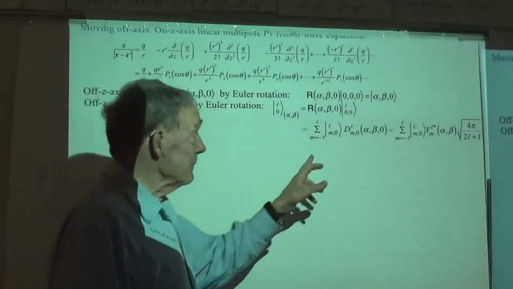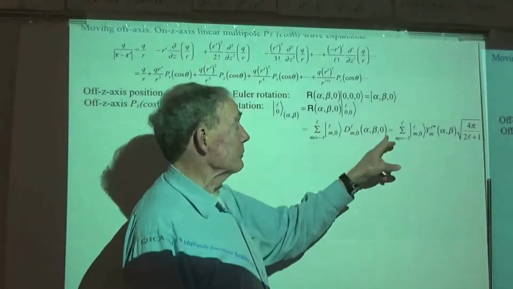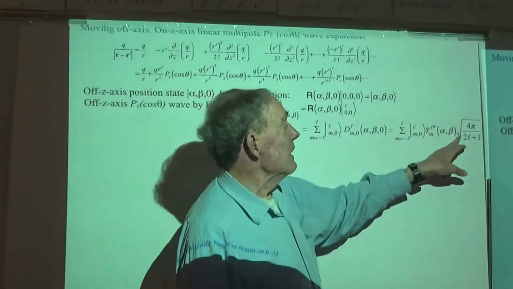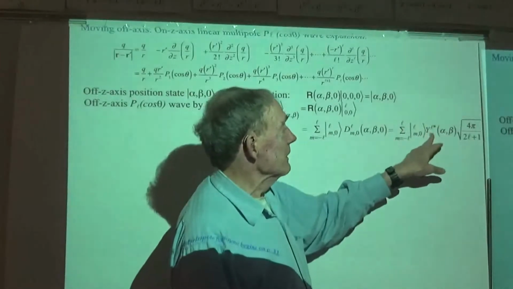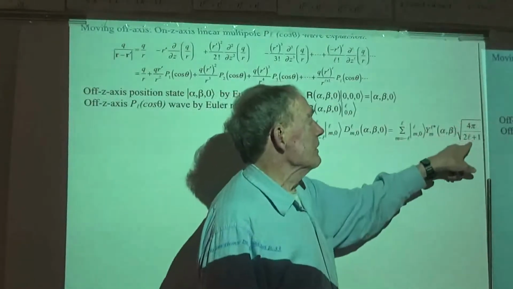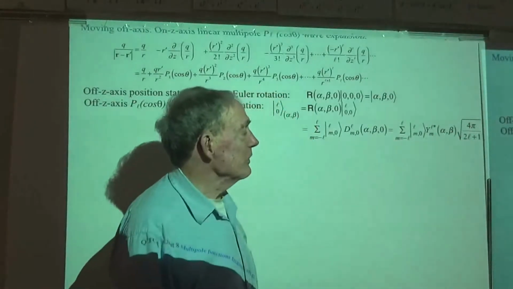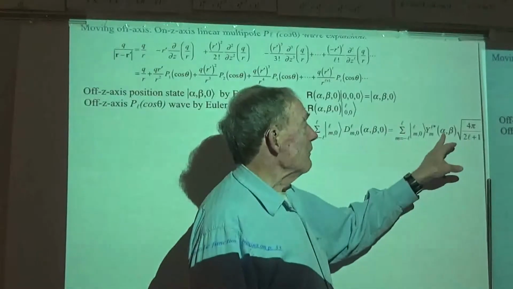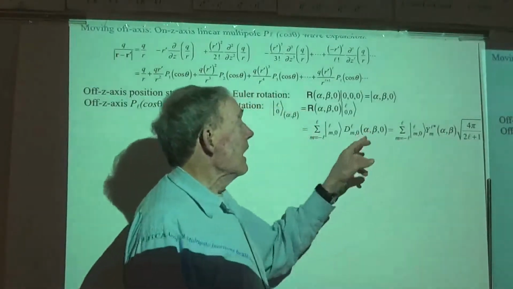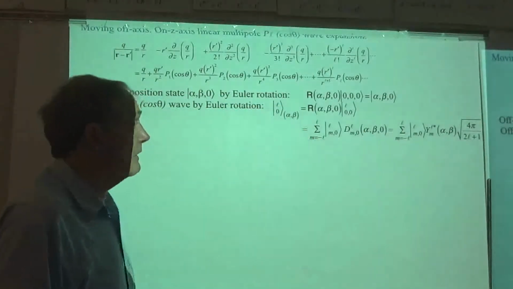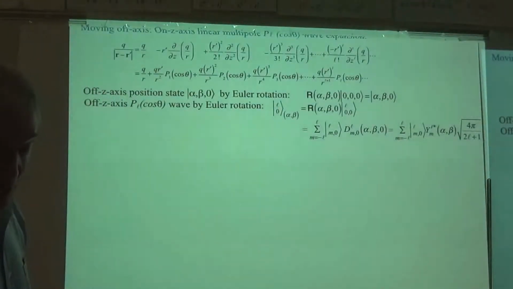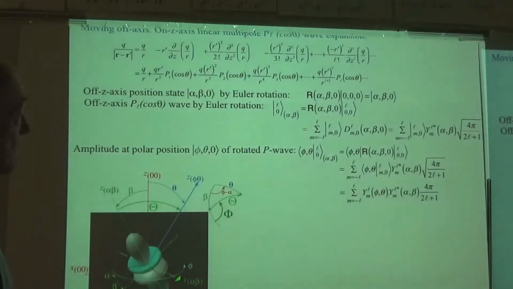Now that particular irreducible representation is equal to a spherical harmonic Y_LM star with this little normalization factor and the polar coordinates being alpha and beta, our azimuth and our beta, which rhymes with theta, angle. So that little sum there is the beginning of what we need.